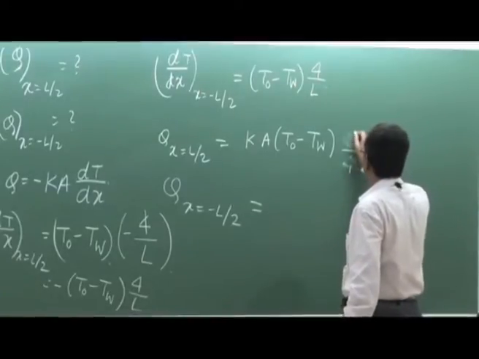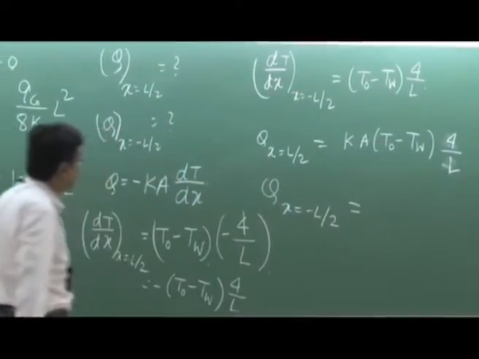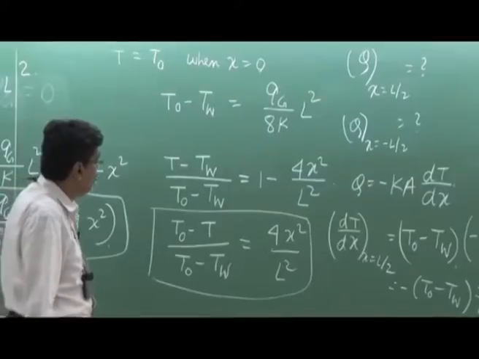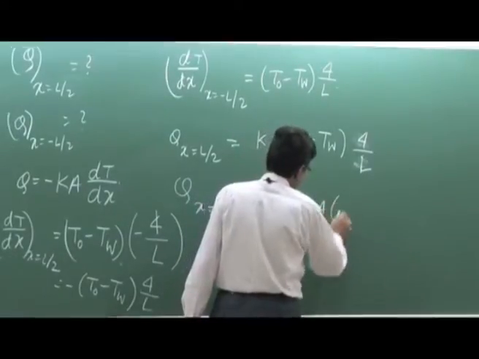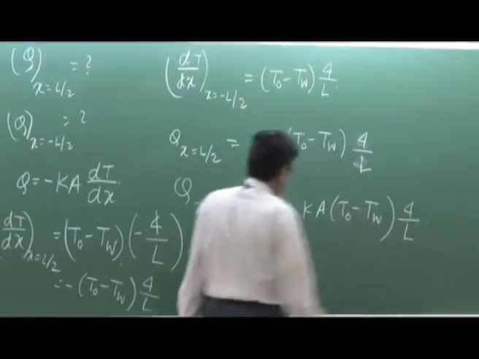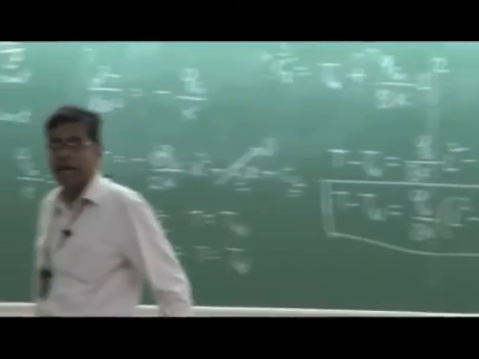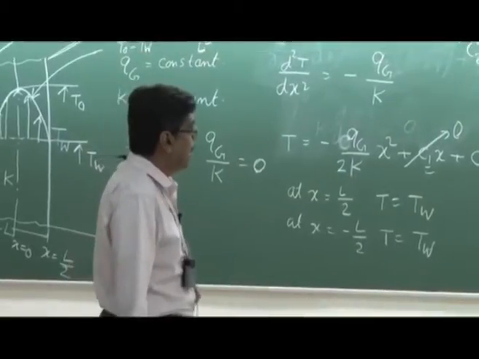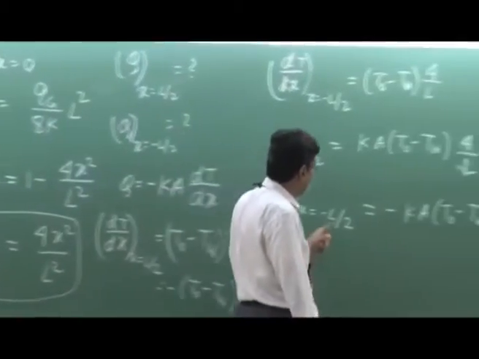It will be minus KA T0 minus TW into 4 by L. So therefore, we can find out the rate of heat transfer in terms of T0 and TW by this.